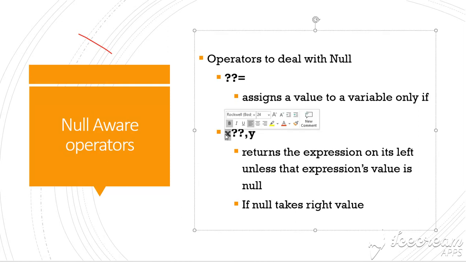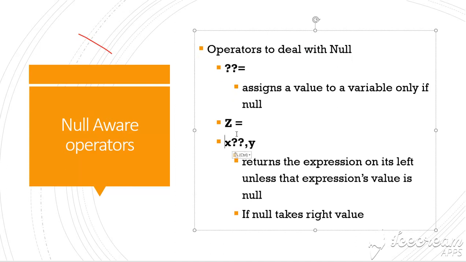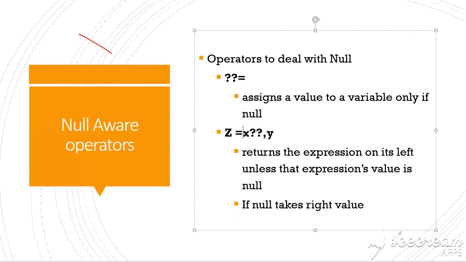You have, let's say, z here, and z will be assigned x if x is not null, otherwise you will assign z y. So z will be x if x is not null. If x is null, z will be y.